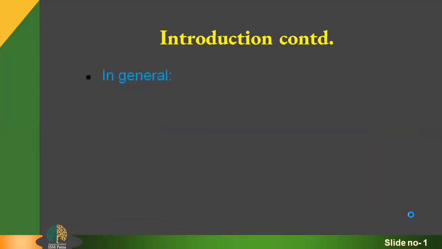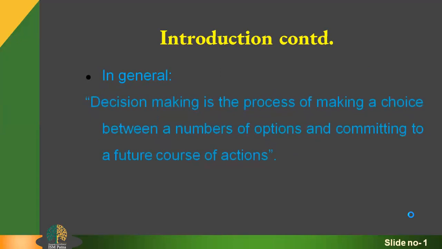Now let us see how it can be described in general terms. Decision making is the process of making a choice between a number of options and committing to a future course of action.